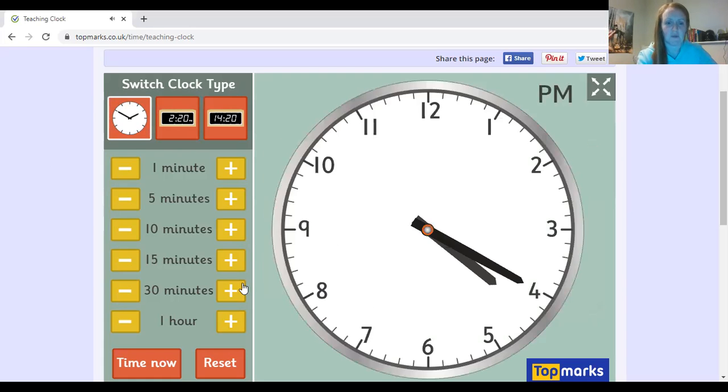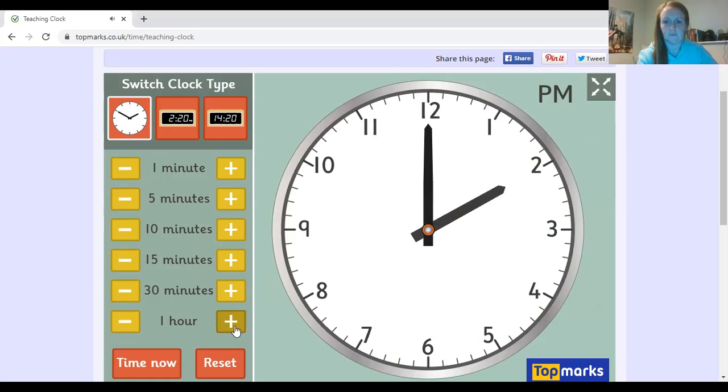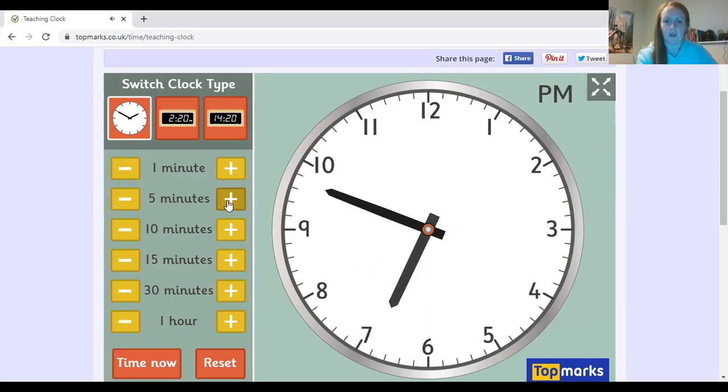Right, let me find another one to do for you. Okay, so let's have a look at this time together. So the hour hand here, the smaller hand, always remember the smaller hand is the hour hand, is pointing towards the 7. Or is it?